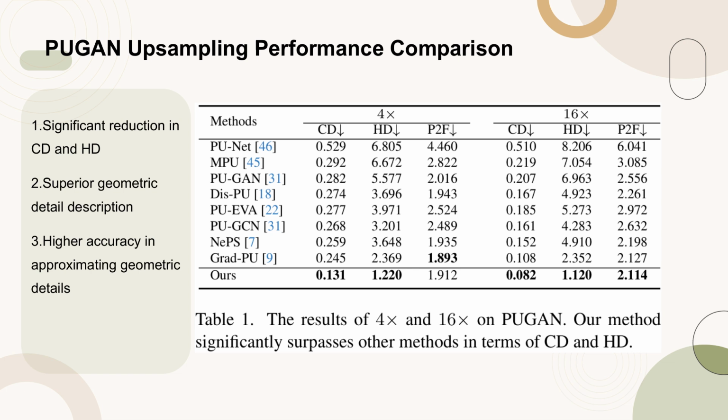This is attributed to our method's ability to model the gradient of data distribution from dense point clouds, facilitating the direct approximation of geometric details from the ground truth. Consequently, our results exhibit higher accuracy in approximating geometric details, as evidenced by significantly reduced CD and HD values.